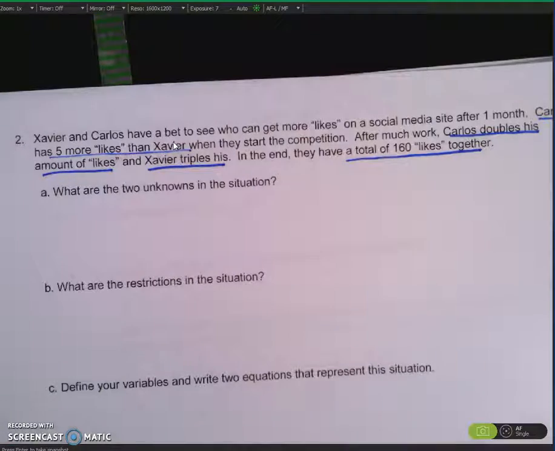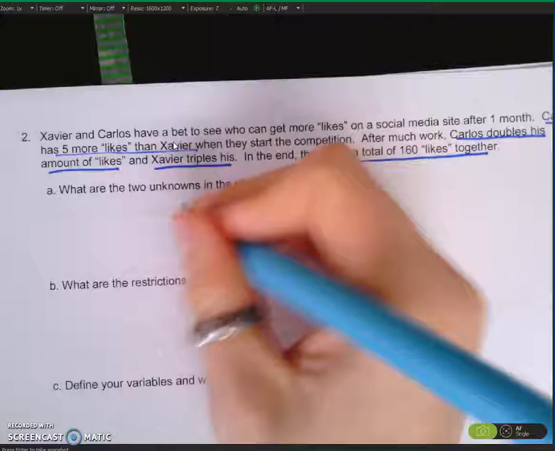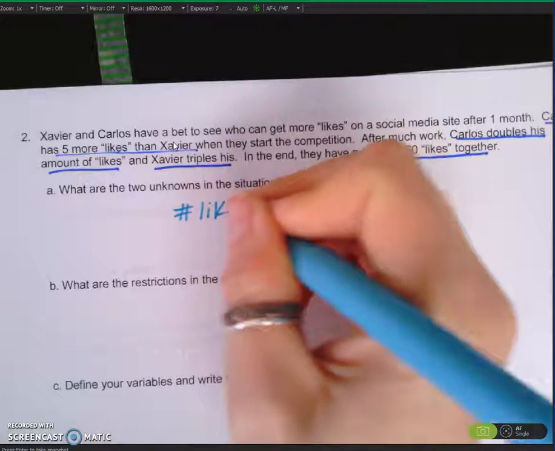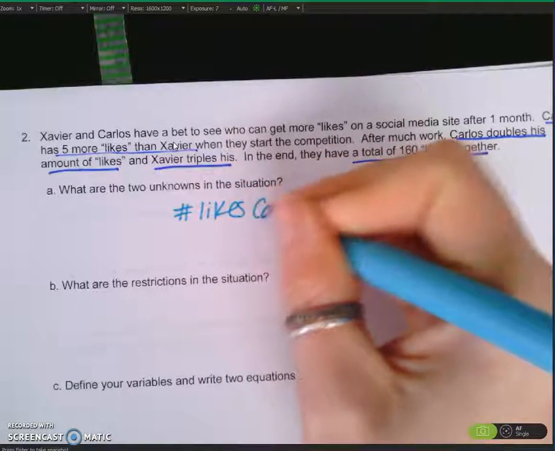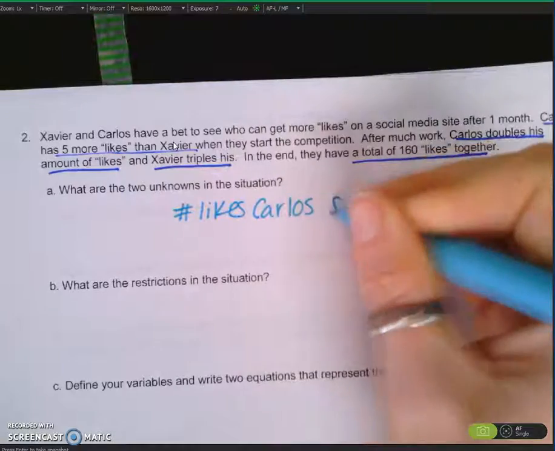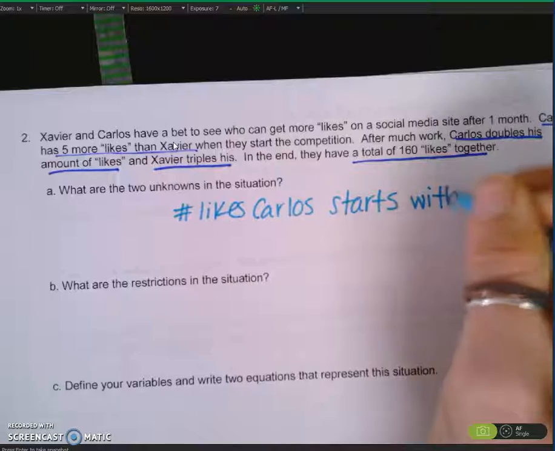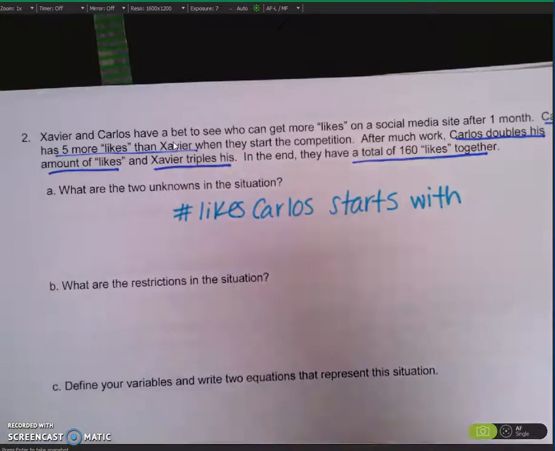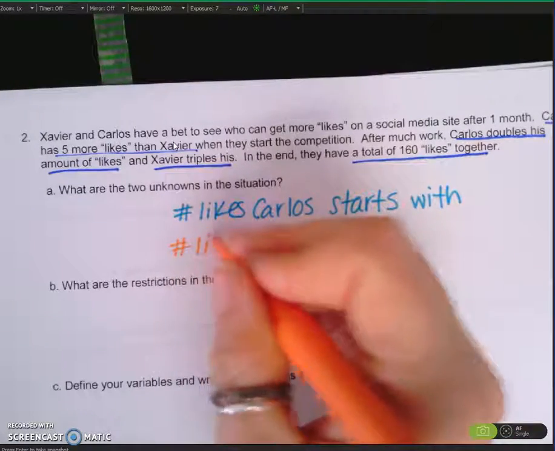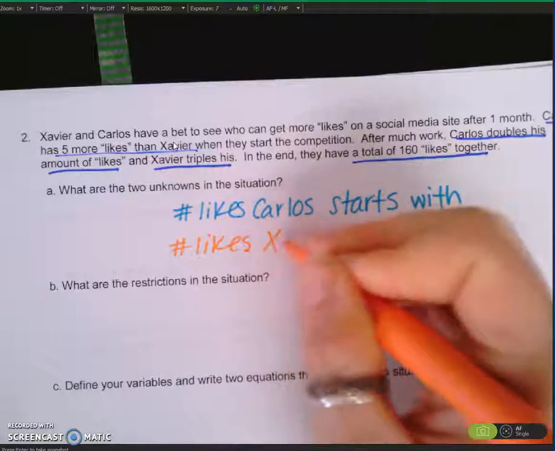What are the 2 unknowns in this situation? The 2 unknowns are the number of likes Carlos starts with and the number of likes Xavier starts with.